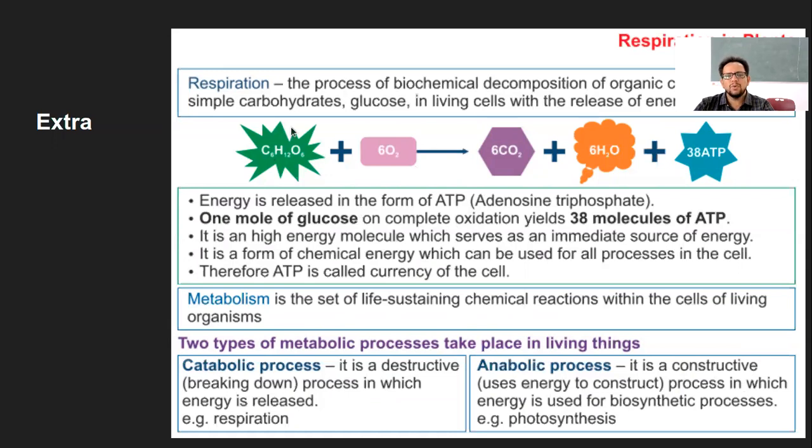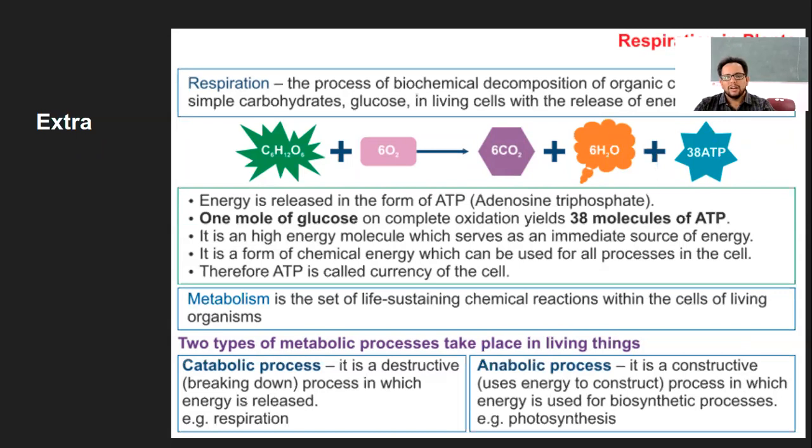What happens is glucose is further broken down into carbon dioxide and water. It is synthesized from carbon dioxide and water. Again, it is broken down inside the cells into carbon dioxide and water. And at that time 38 molecules of ATP are generated. And that is when we say glucose is a high source of energy, because one molecule of glucose can generate 38 molecules of ATP, which is a huge amount of energy.